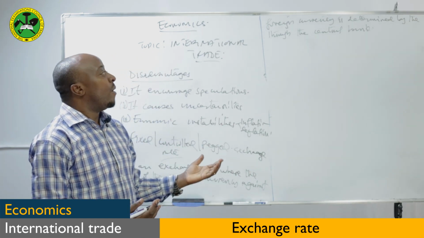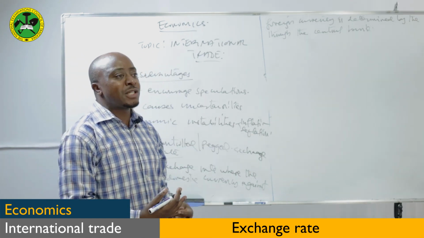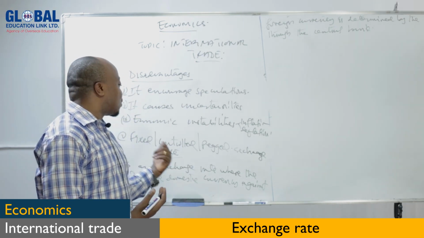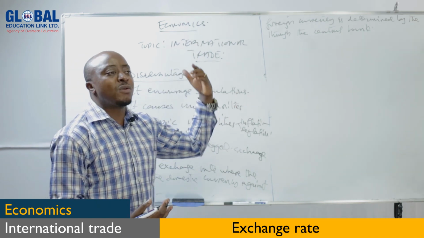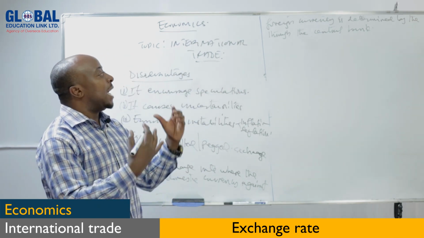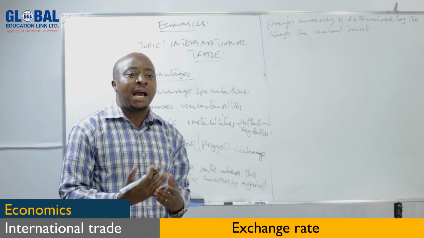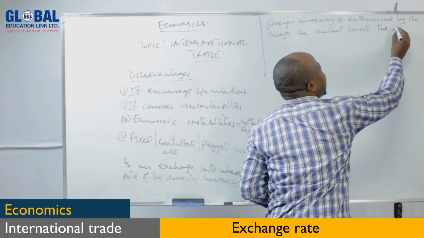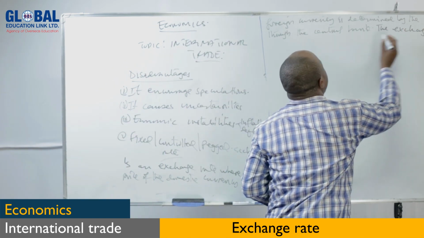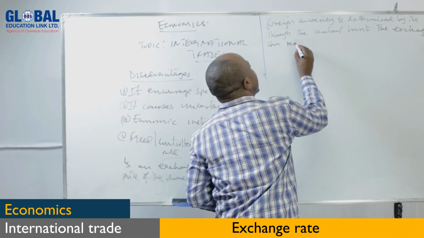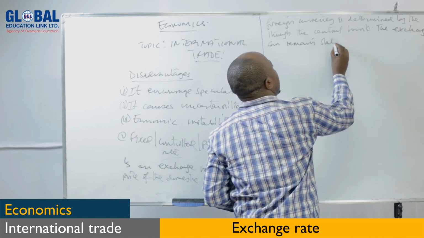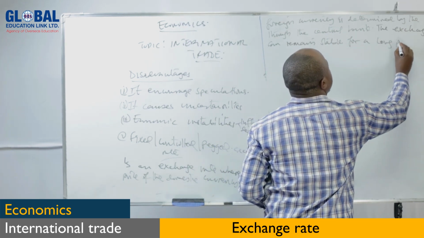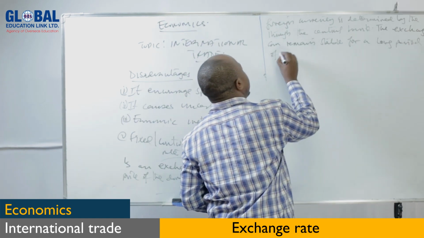For example, in Tanzania, we have the Bank of Tanzania, BOT. It is the central bank. Now, if we want to operate under fixed exchange rate or controlled exchange rate, it means the BOT, the central bank, will be the one controlling or fixing that exchange rate. And under this system, the exchange rate can remain stable for a long period of time.